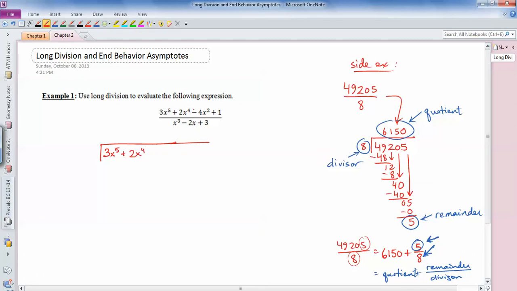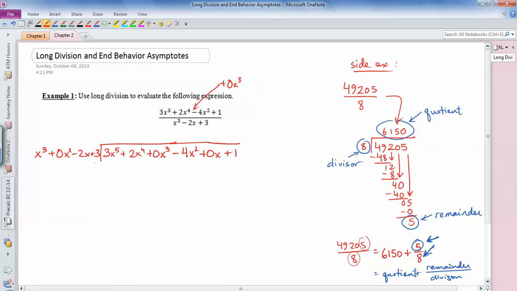Since there's no x cubed here, I'm going to pretend that there's a 0x cubed that I'm adding in, because that doesn't really change the value, but it gives me this nice placeholder for where x cubed terms would go. Minus 4x squared, and then there's a 0x plus 1. And then over here I've got my divisor, x cubed, plus 0x squared minus 2x plus 3.